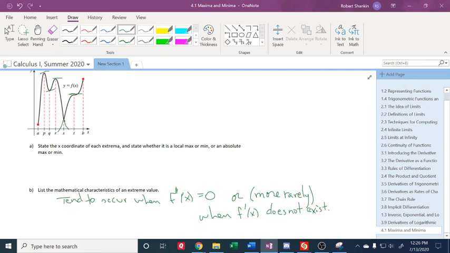All right, now, are there any other points that were extreme values that were not either one of these two cases, where the derivative was 0 or where the derivative does not exist? Point B? Point B, that is correct.